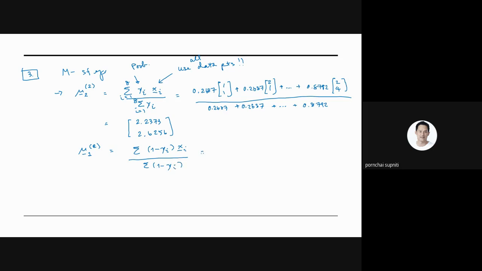Okay, and you just follow the process. So here you get something like, I have computed it already, 0.2374 and 0.5213. Okay. So these are the means.